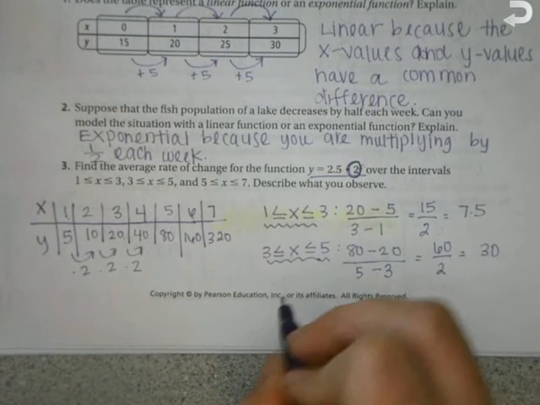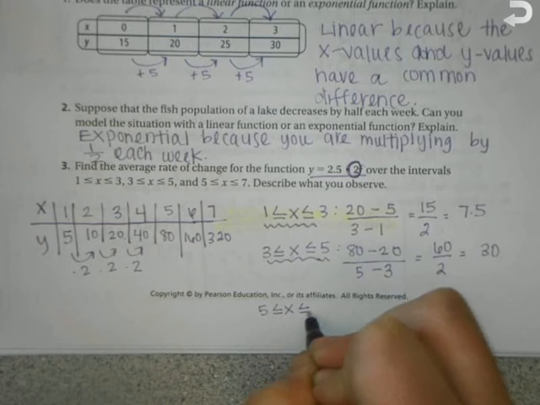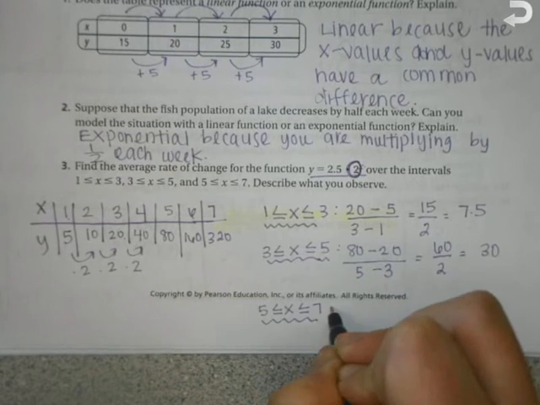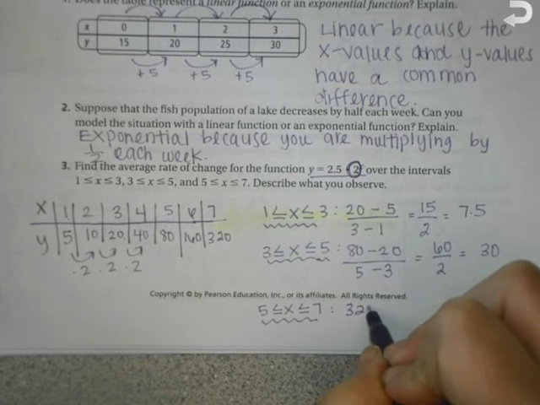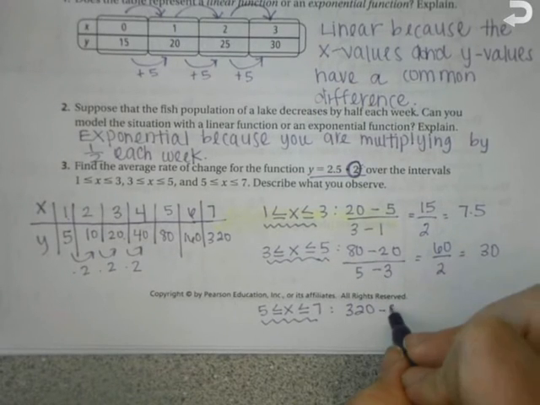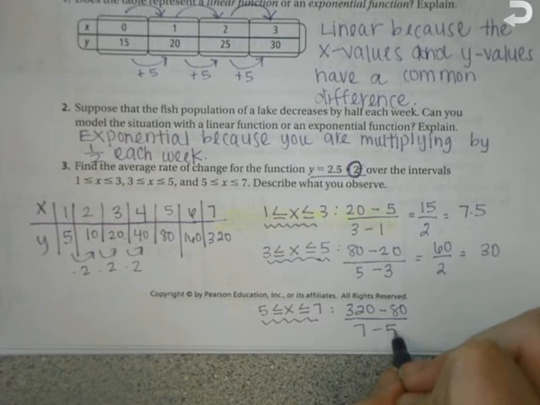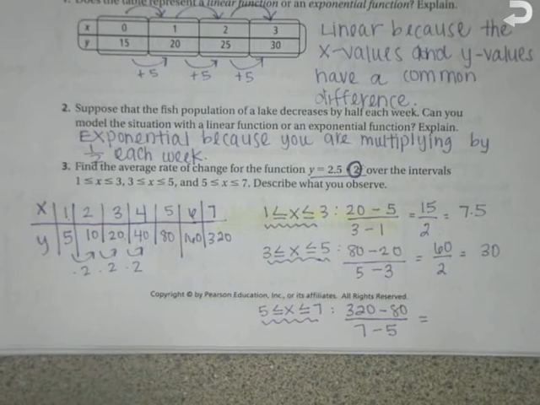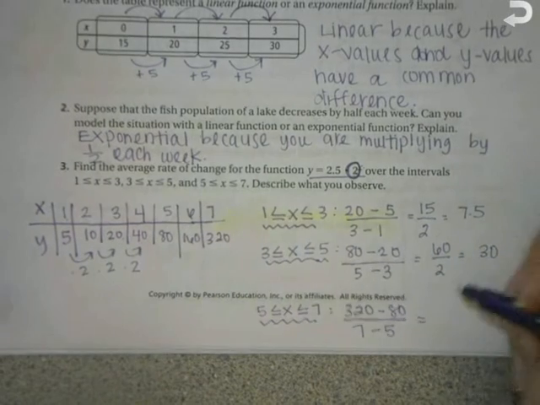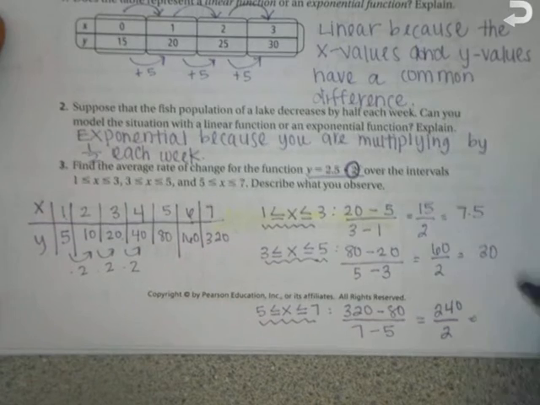And then this last interval is 5 less than or equal to x less than or equal to 7. Okay, so that's going to be 320 minus 80 all over 7 minus 5. Anybody know 320 minus 80? Good. 240 divided by 2, 120.